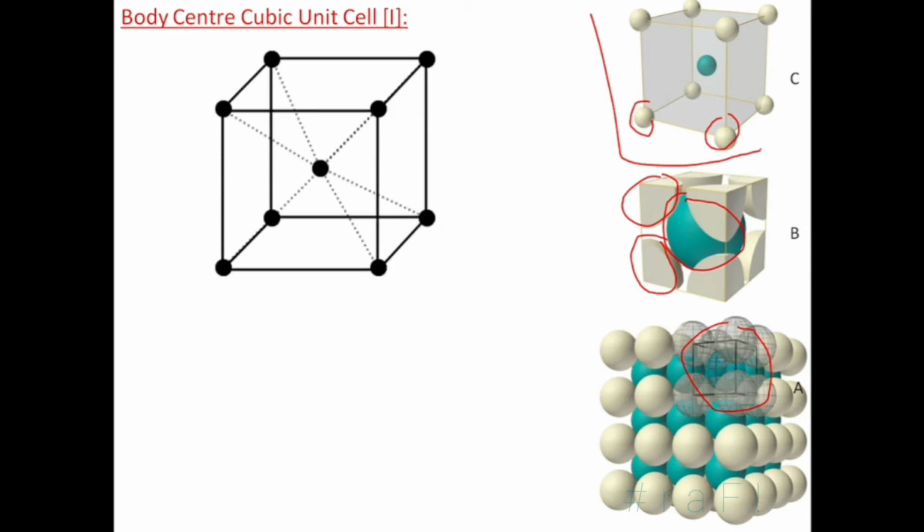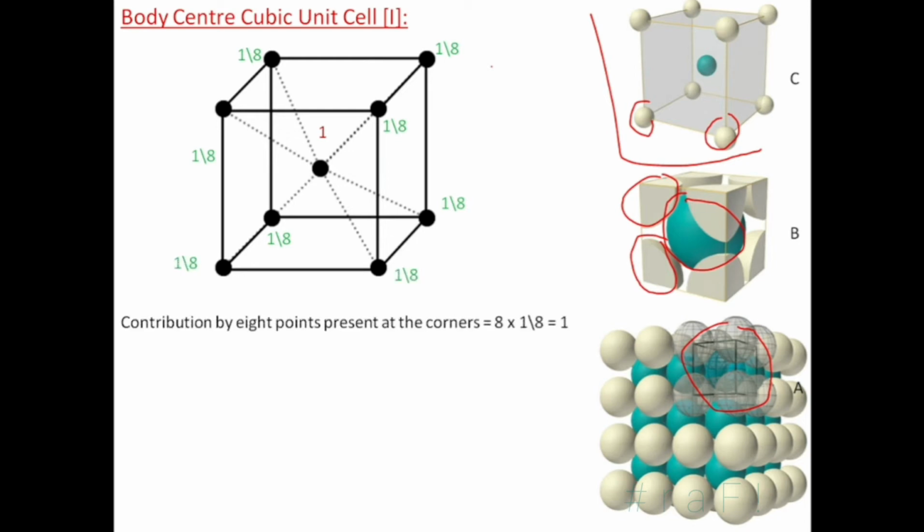We construct a unit cell like this. Yes, the center atom contribution to this unit cell is 1, and the corner atom contribution to the unit cell is 1 by 8. Hence, contribution by 8 points present at the corners is 8 into 1 by 8.